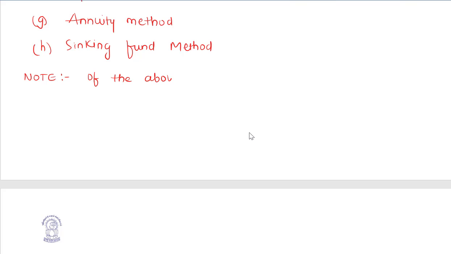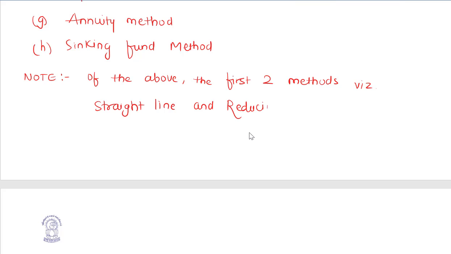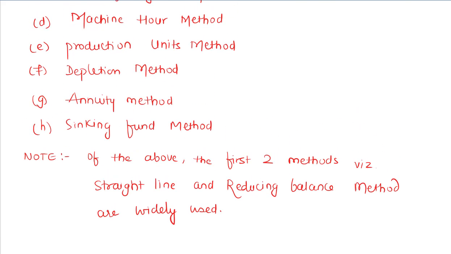Of the above, the first two methods, that is straight line and reducing balance method, are widely used. Understood?